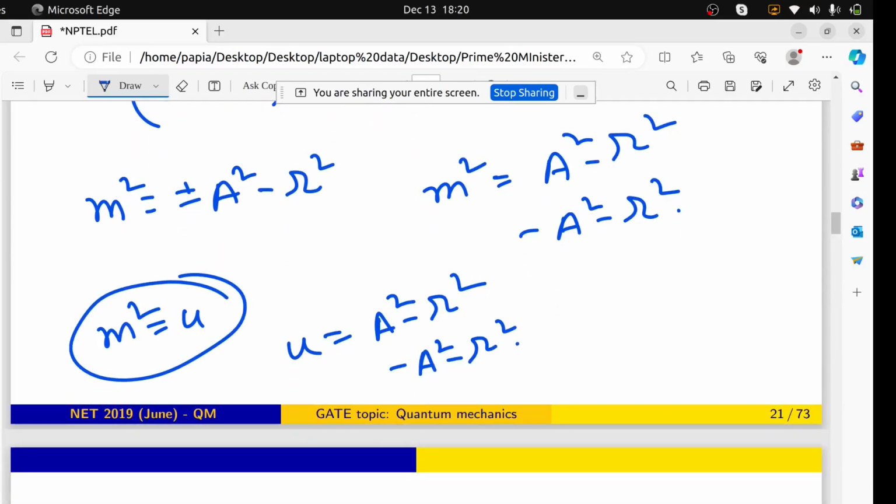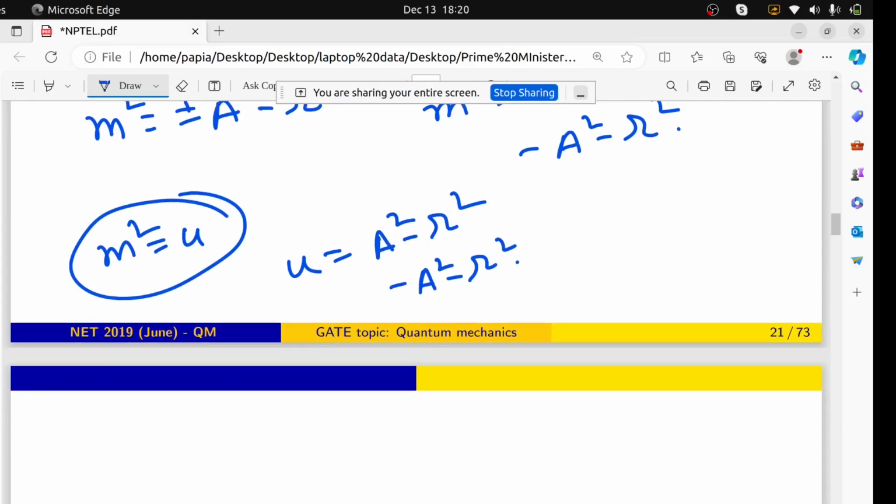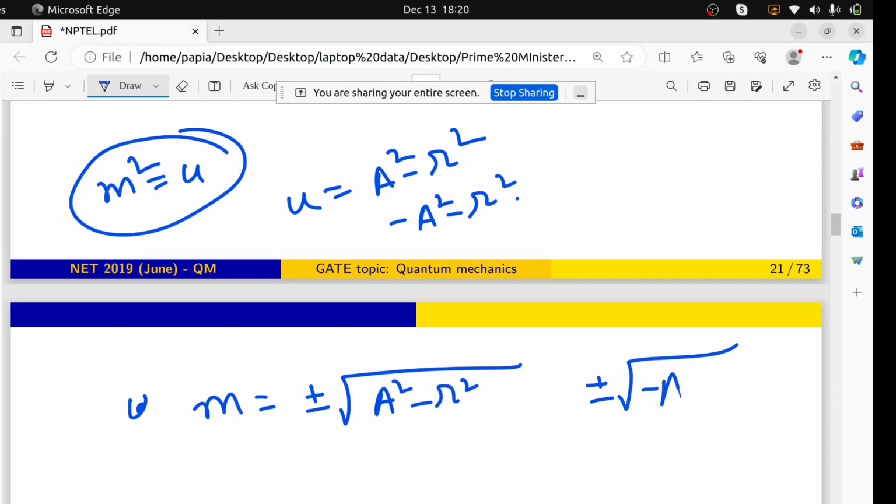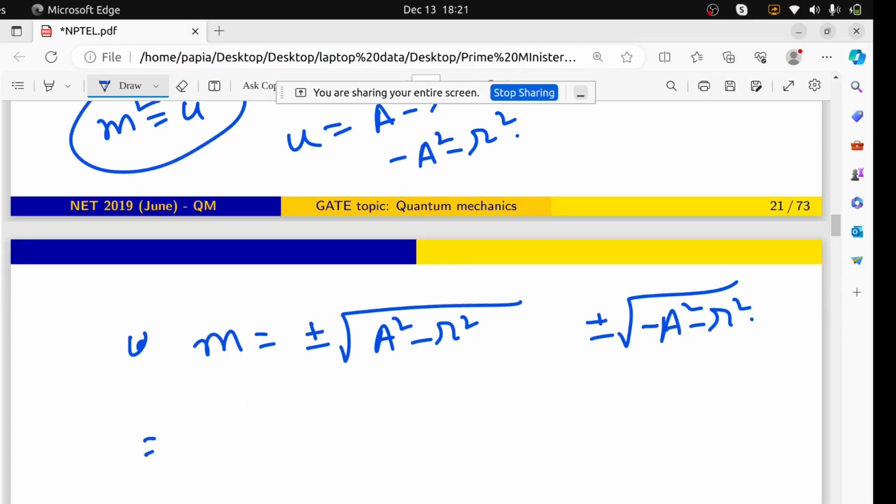Then what will be m here? m will be plus minus root over a² minus ω² and plus minus root over minus a² minus ω². Now if I write like that, plus minus root over minus of (ω² minus a²).